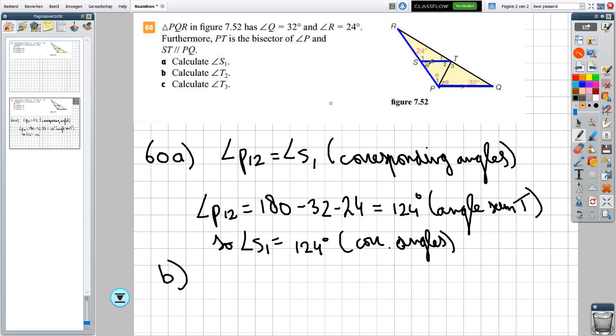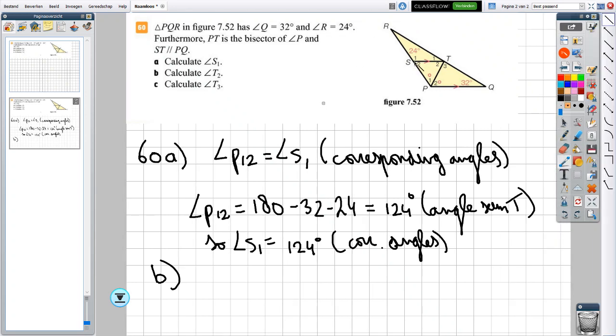Again, take a look whether corresponding or alternate angles can help you. I'm going to erase this blue F for a moment because T2 is not in this F-shaped figure, if it lets me. Yeah, like this. Is there maybe a Z shape you could say that contains T2?